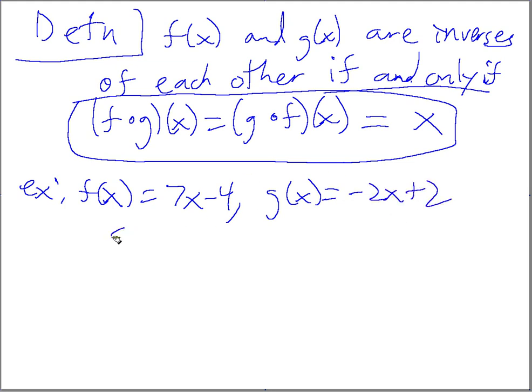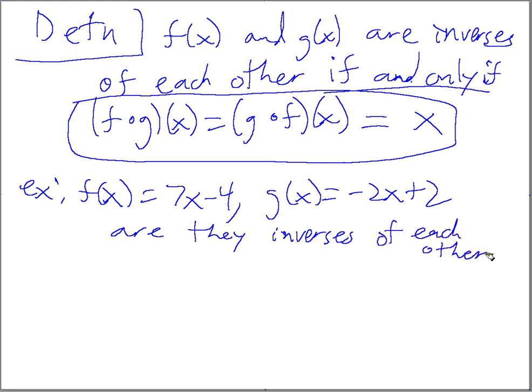The question is, are they inverses of each other? To answer that, we have to use this definition. We have to verify their composites, and not only do they have to be equal, they have to be equal to just x itself. So let's do that.